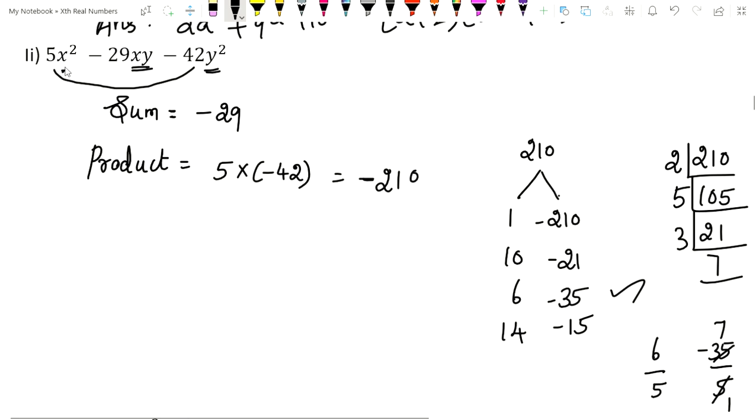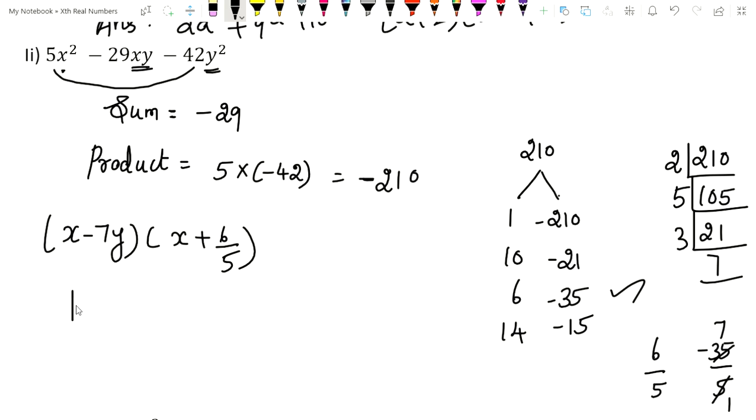But see here, two variables are there. First what you will write? x minus 7y. Next, x plus 6 by 5. Here y also will come, because two variables are there. Here x square, y square, so xy you want to put. When we multiply this, we will get y square, and x into x, we will get x square.